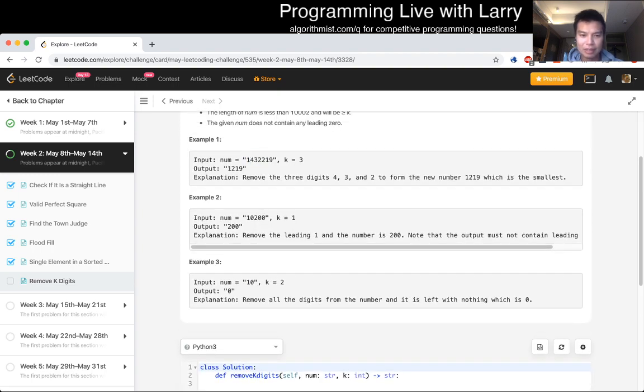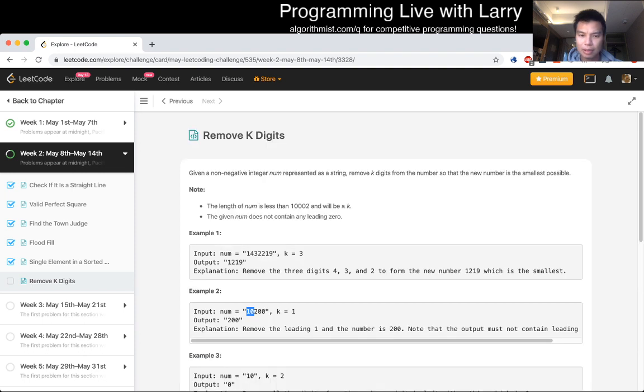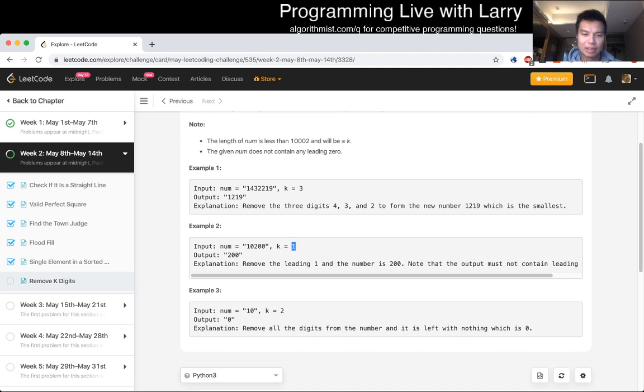And then here you remove the one, and the number is 200. Note that the output must not contain leading zeros. Okay, so it does not contain leading zeros, but this is the smallest. Because if you remove one digit, wow, there's a lot of edge cases on this one.